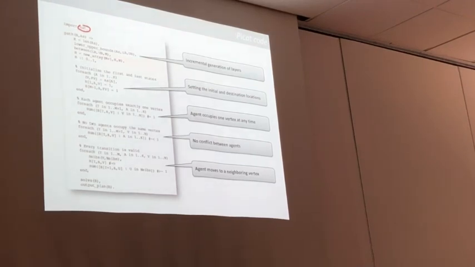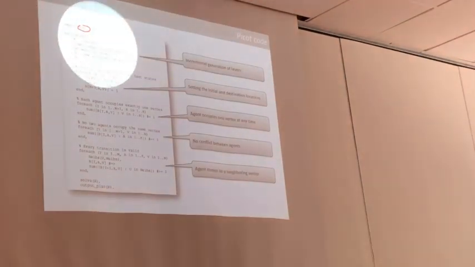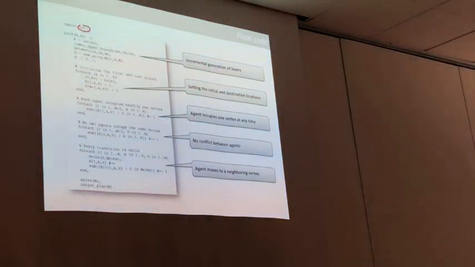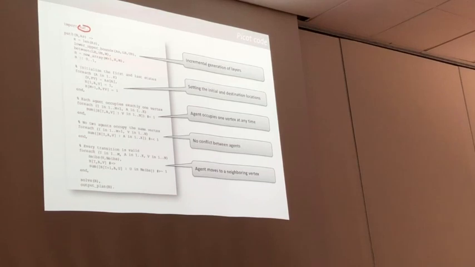If it fails, this is Prolog, so it backtracks and generates one more layer. It repeats until it finds a solution or reaches the upper bound. So we have this formula of lower and upper bounds that calculates them for the make span, and we start with the lower bound and add layers until we reach the upper bound. So either we find a solution or we fail.